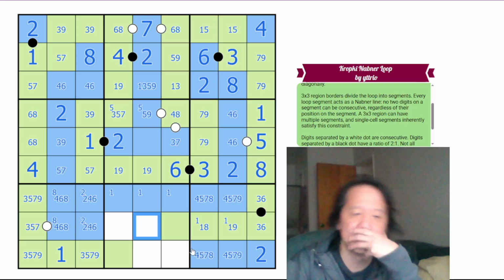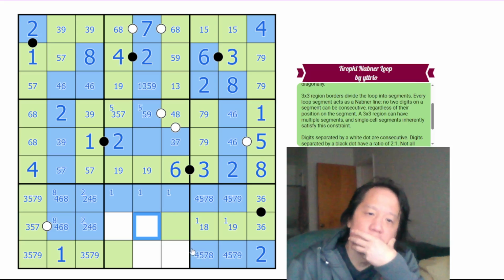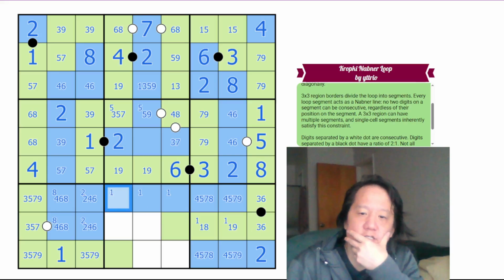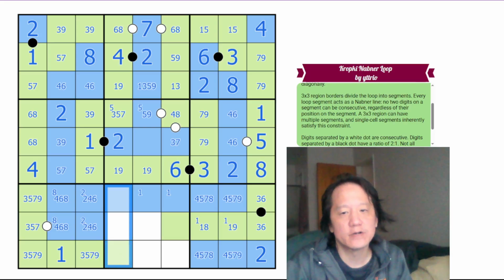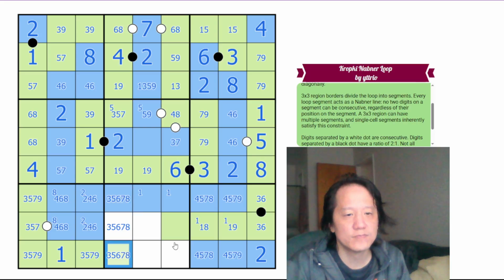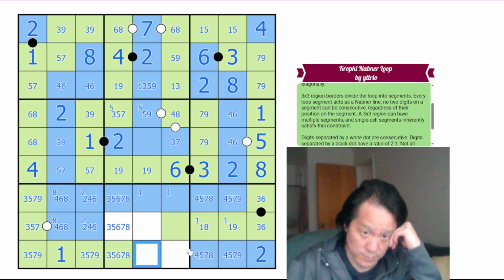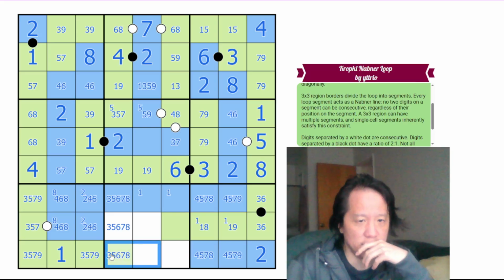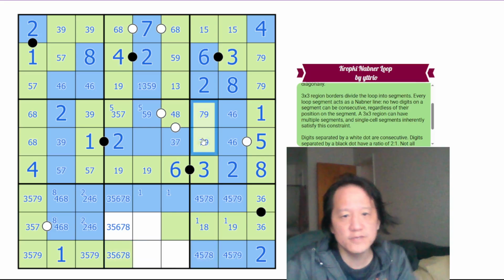Remaining digits in column 4, because we have a 1, 9 pair, you can't have 1 or 9 here. So that leaves 3, 5, 6, 7, 8. The 7, 9 pair eliminates 7 and 9 in the rest of the column.